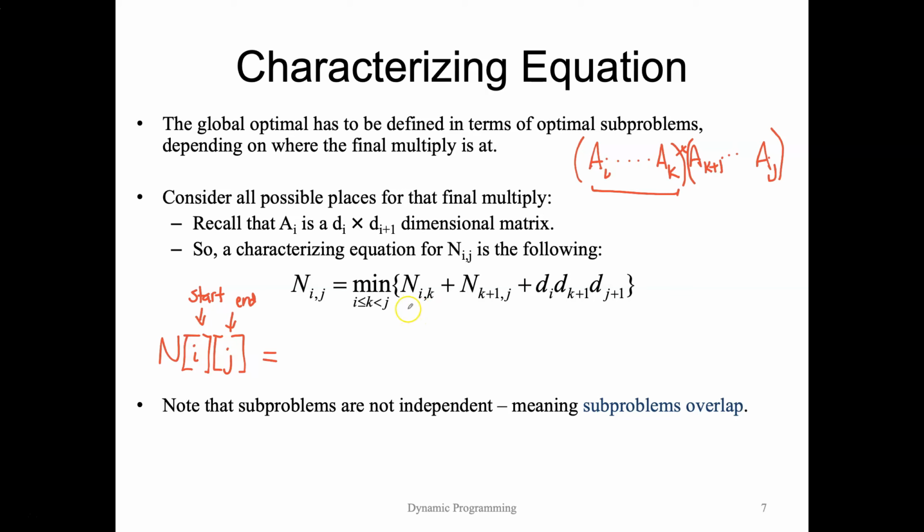So this is the minimum number of scalar operations that it takes to multiply starting with A sub i and going up until A sub k, plus however much it costs for us to build the right matrix, which is starting at A sub k plus 1 and going up until j, plus now that we have these, let's call them matrix L and R, we have to multiply them together, and the cost of multiplying these two matrices together is based on the product of their dimensions. Now this left matrix is a d sub i by d sub k plus 1 matrix, and our right matrix is a d sub k plus 1 by d sub j plus 1 matrix.